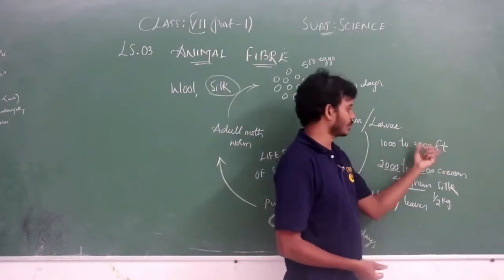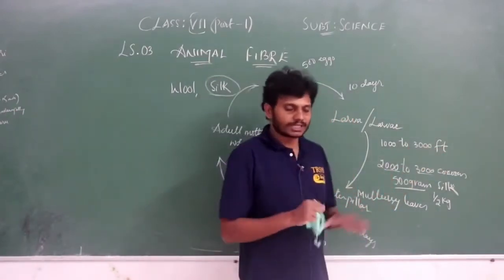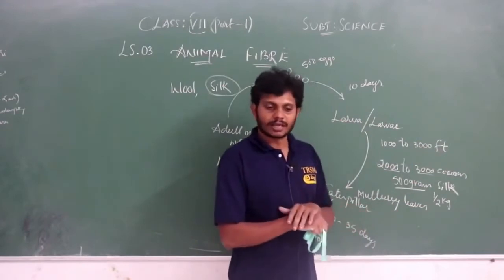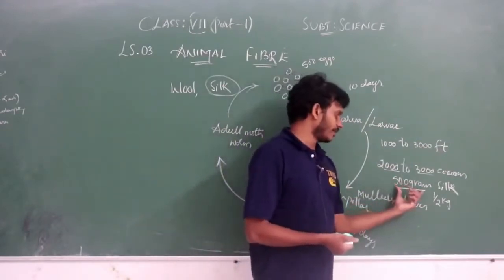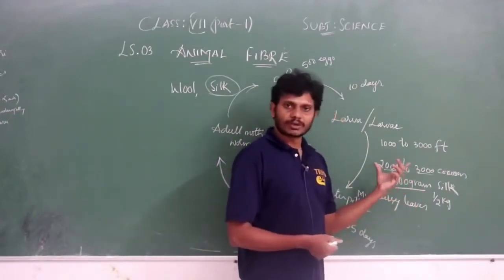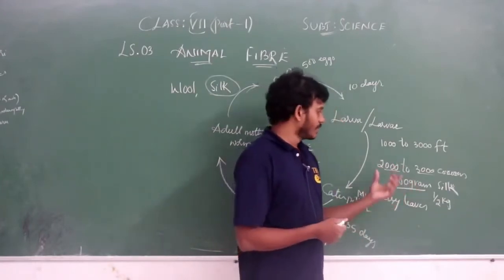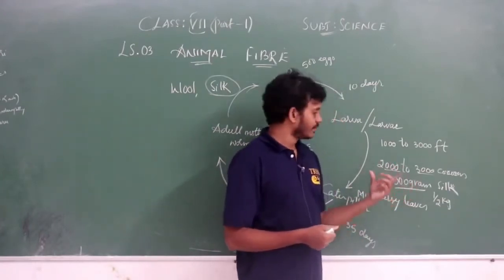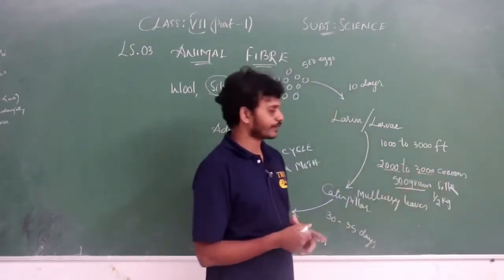To make a sari, to get 500 gram of silk, from how many cocoons do we get it? We get 500 gram of silk from 2000 to 3000 cocoons.